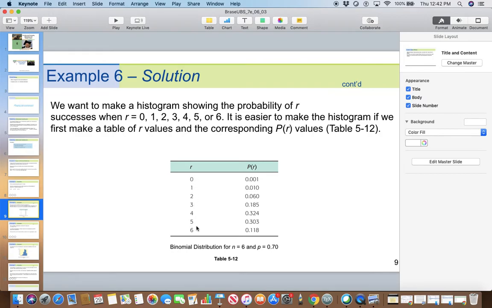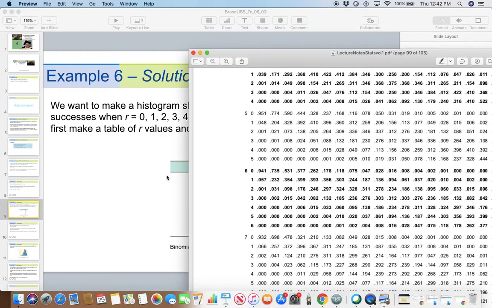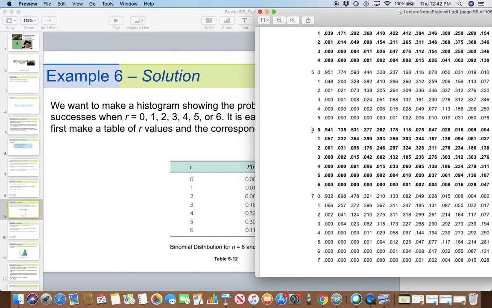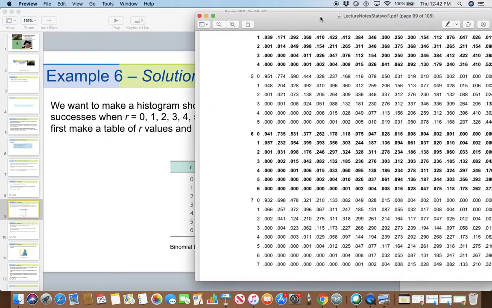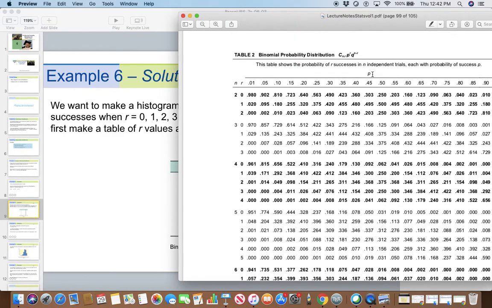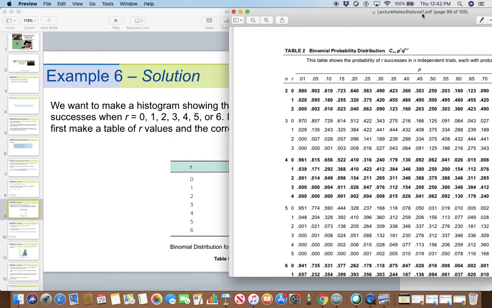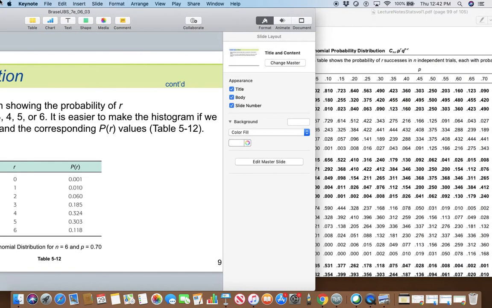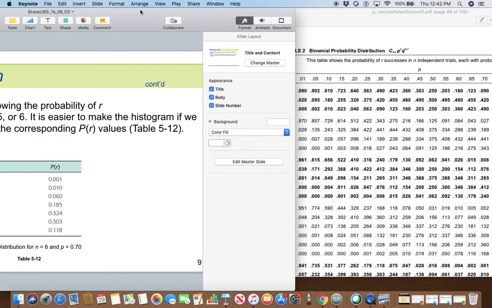How did we get these numbers? We can use our table, you see. So let me figure out the table. We have 6 trials. Probability of success is 0.7. So we check whether our numbers agree.